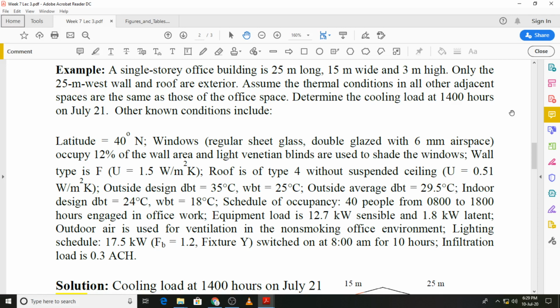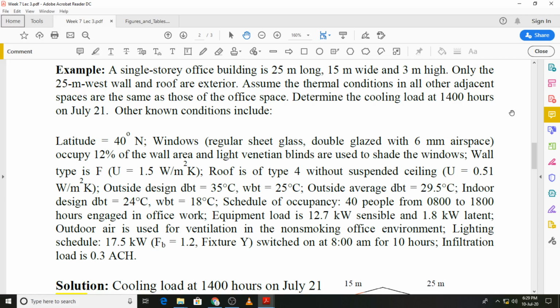If you recall, the loads can be divided into two broad categories, that is the external loads or loads from exterior surfaces, which are those directly exposed to the solar radiation, and the internal loads. In addition to that, you will have the ventilation load.